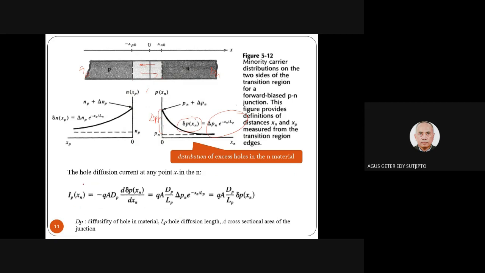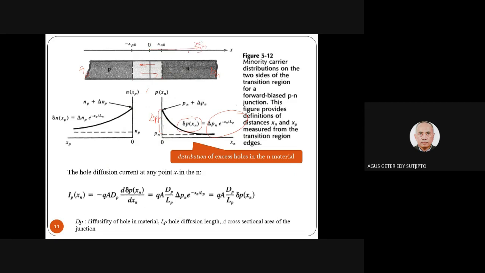In this equation, the hole diffusion current at any point in the xn region, from 0 to this one.